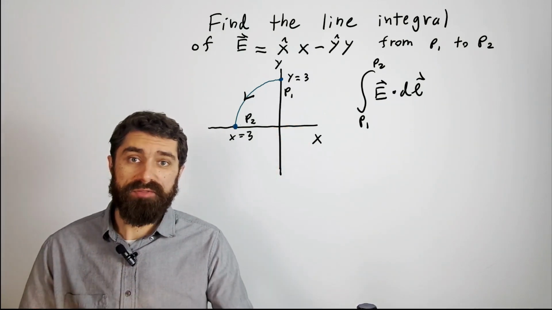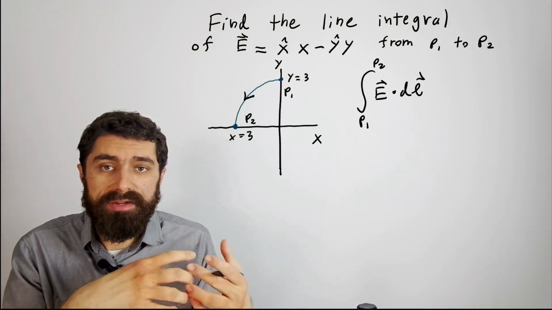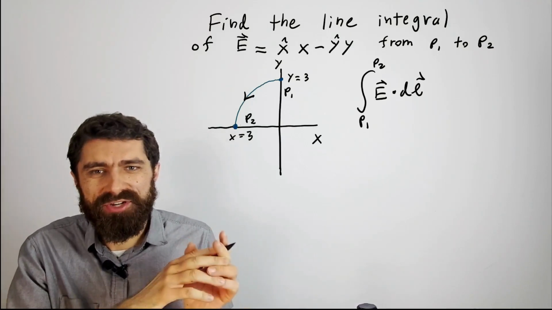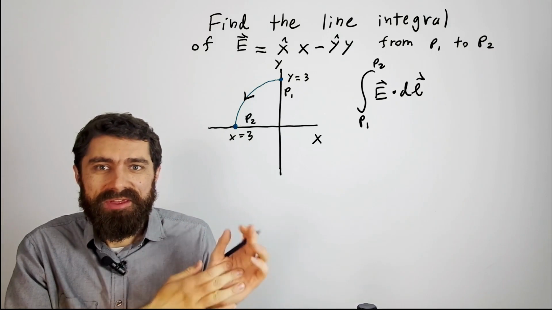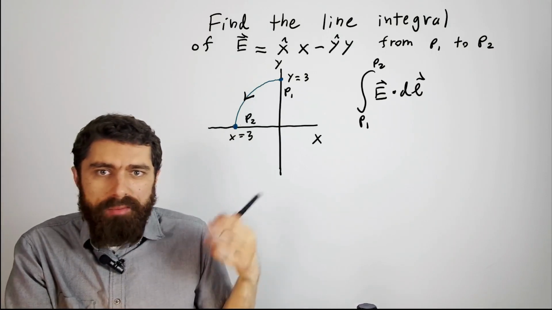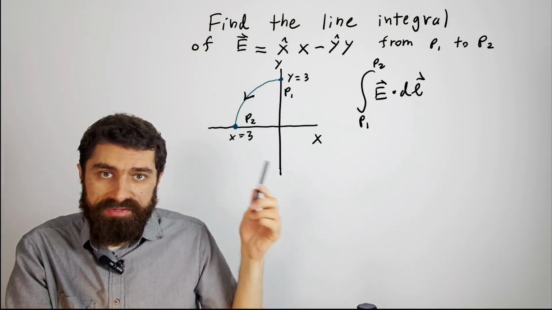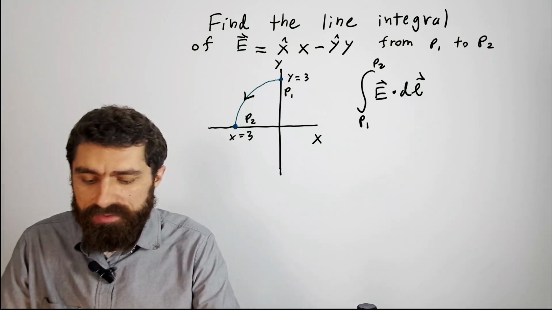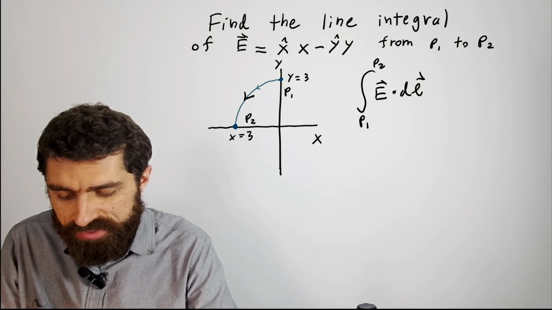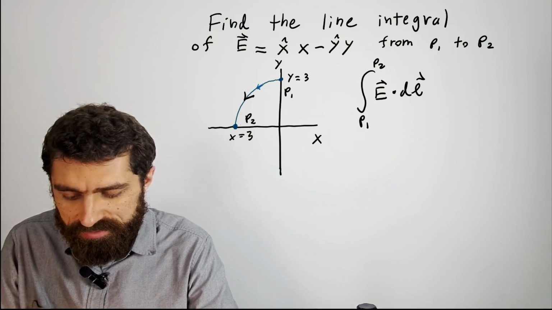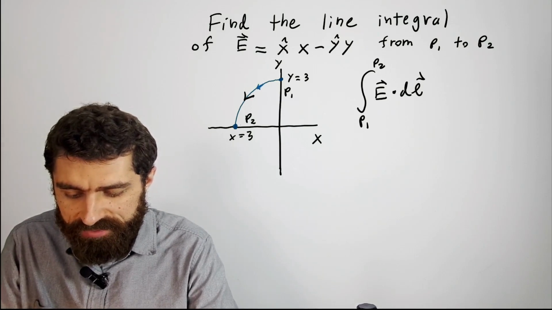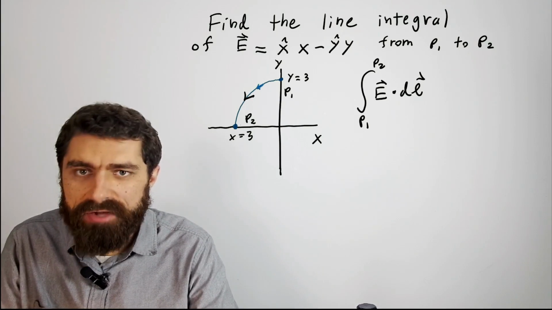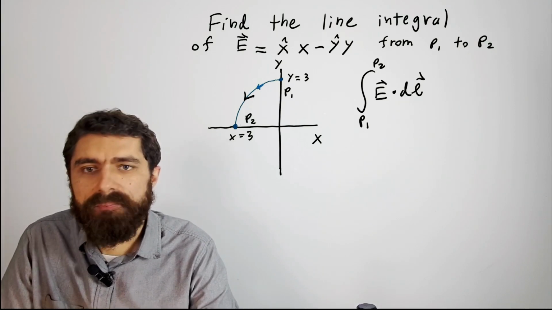Just like the previous problem, we want to choose a coordinate system that will make the integration easy for us. So we're going to have to come up with an expression for the dl vector. So a little infinitesimally small line here, or vector, that is in line with this curve here.